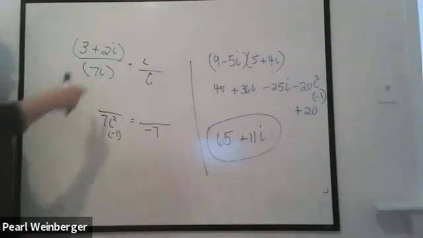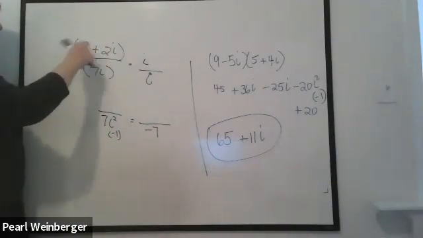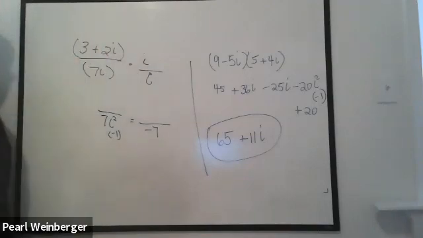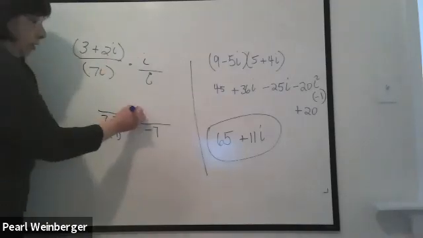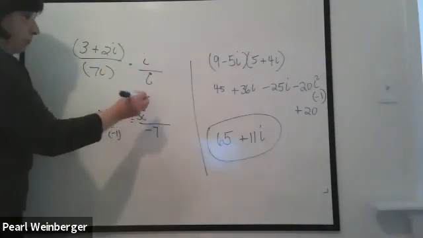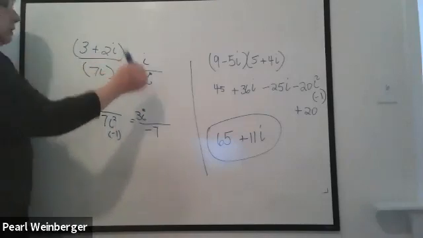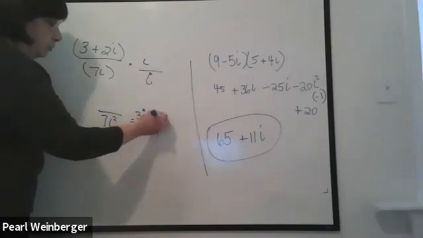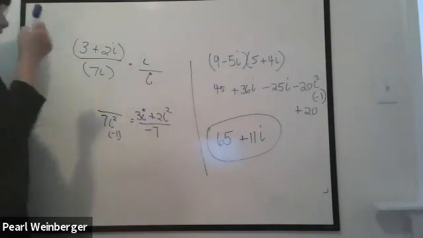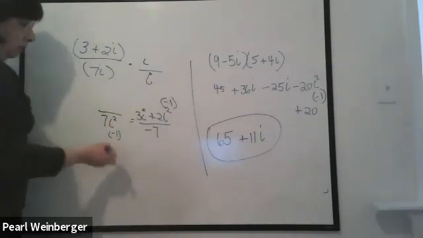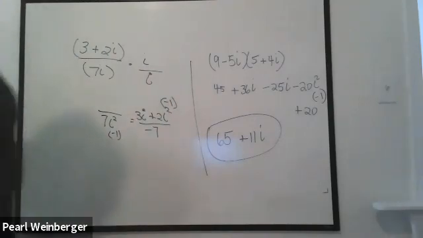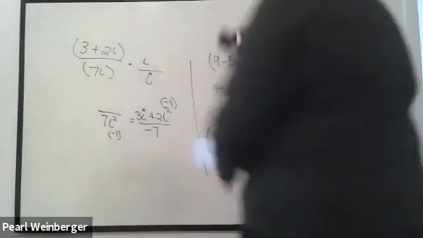What about the numerator? Well, the numerator I have to multiply using the distributive property. So 3 times i will give me 3i. And 2i times i will give me 2i squared. And again, I see that i squared, I have to make that a negative 1. So let's see what we're left with.